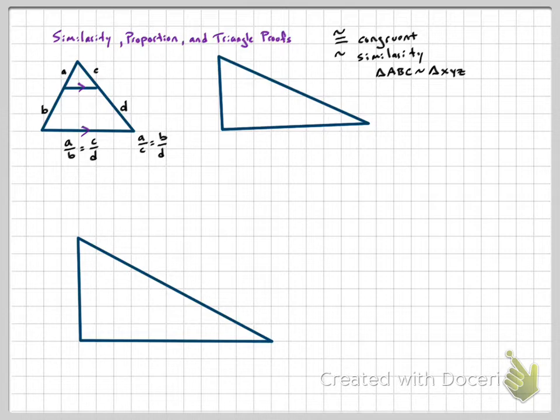Also, since we have parallel lines, this angle and this angle are corresponding because this is our transversal, and corresponding angles are congruent if parallel lines are cut by a transversal. So, if I know that there's two pairs of congruent angles, that's enough to know similarity for triangles.